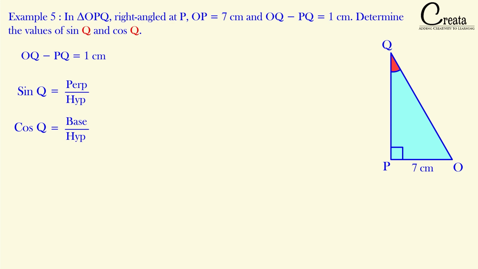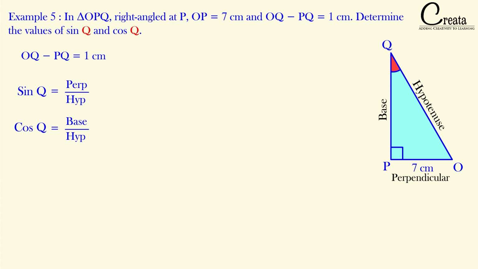Perpendicular is the side which is opposite to our trigonometric angle. So the side PO is the perpendicular, which is given as 7 centimeter, and hypotenuse is the side which is opposite to the 90-degree angle. So QO is the hypotenuse, and the third remaining side is the base, that is QP is the base. So this is a right angle triangle.